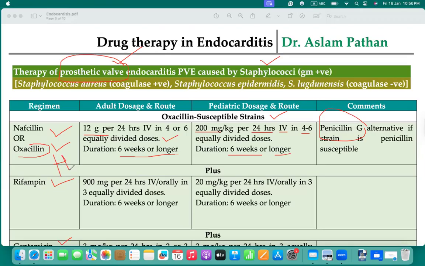So if the patient has liver cirrhosis or increased liver function tests, we need to give nafcillin, but still depend upon the availability in the hospital.